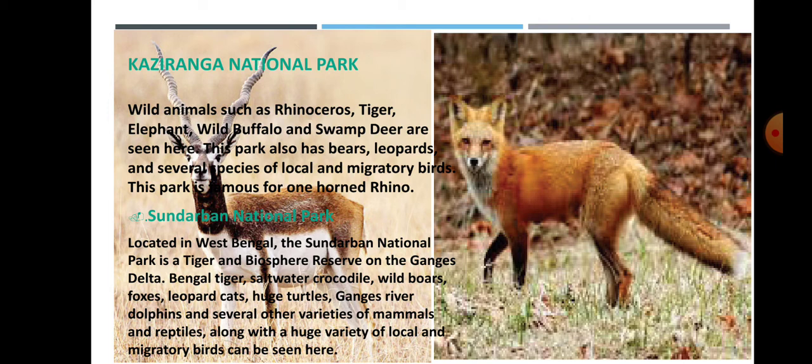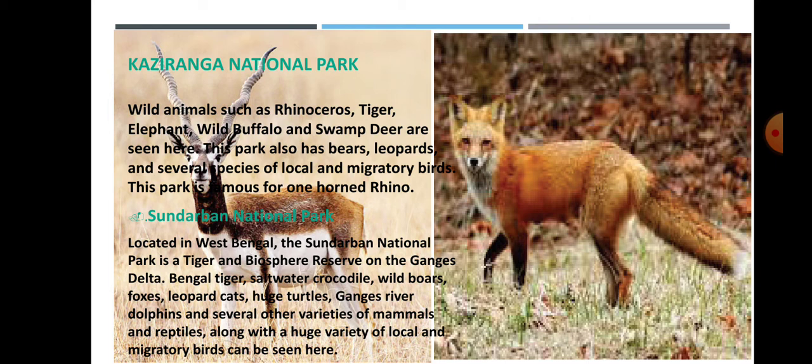The Bengal tiger, saltwater crocodile, wild boar, foxes, leopard cats, huge turtles, Ganges river dolphins, and several other mammals and reptiles are there. You can also see huge flocks of migratory birds there.